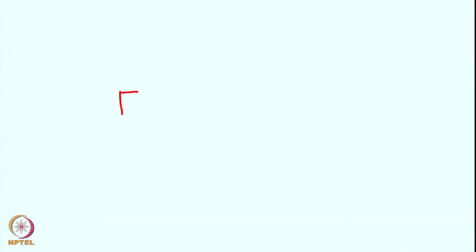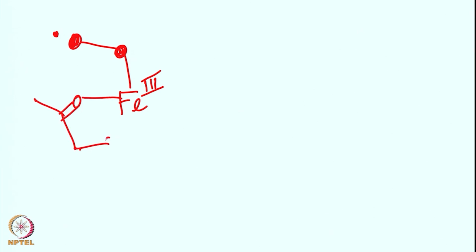So, you start with iron 3 superoxo. Okay, you have a keto center attached to it. This is the one which is going to form the carbon dioxide. In any case, I am not drawing the rest of it. So, this intermediate goes on to attack this center, right.